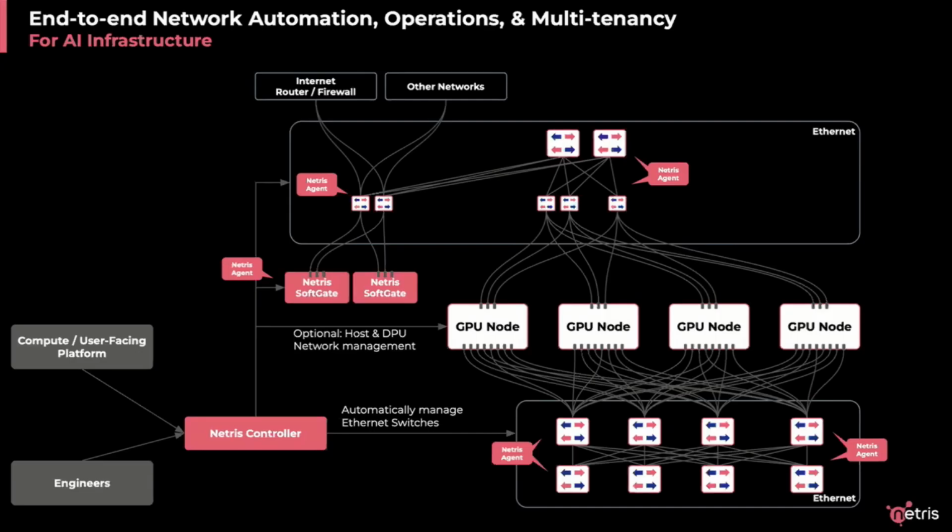Our controller talks to these different switches through out-of-band management, which is typically not Netris managed. It's kind of separate network for safety that we leverage to make these agents running on every switch to talk to our controller. Same management network is also used for our SoftGate nodes to talk to our controller.